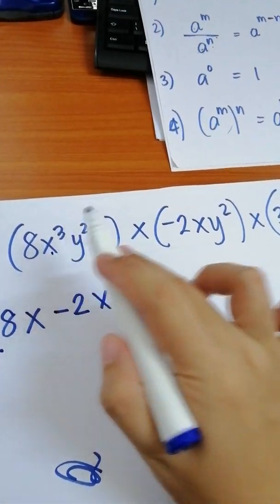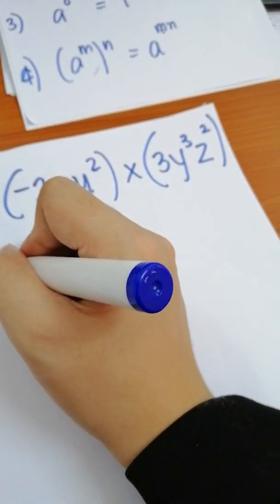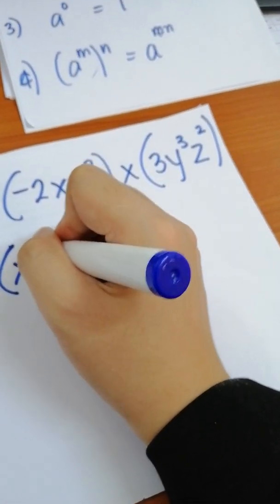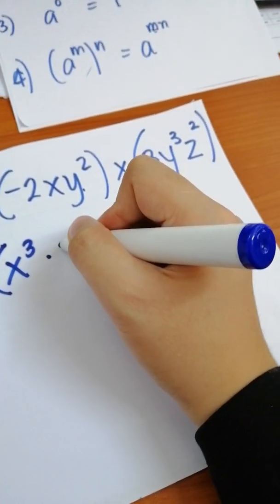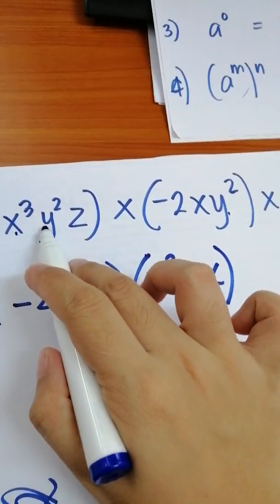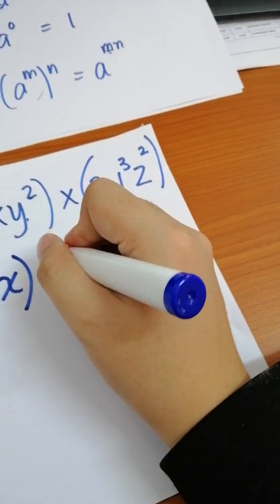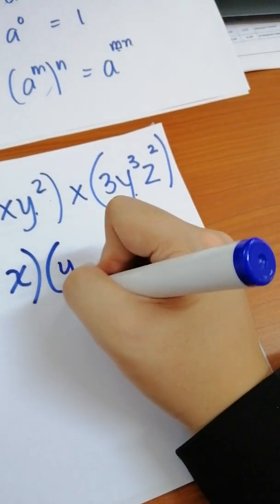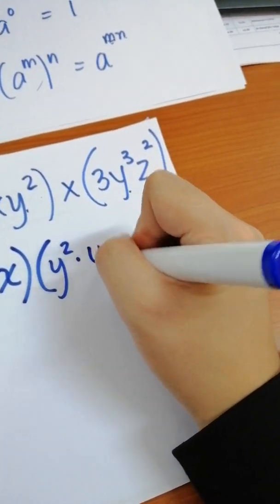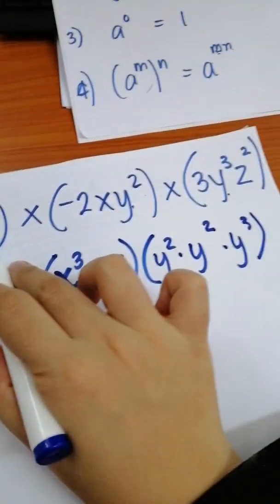We have x, and so we combine all x together, x^3 and another x. We have here y, y, and y, so we will group them together: y power 2, y power 2, y power 3, and z.